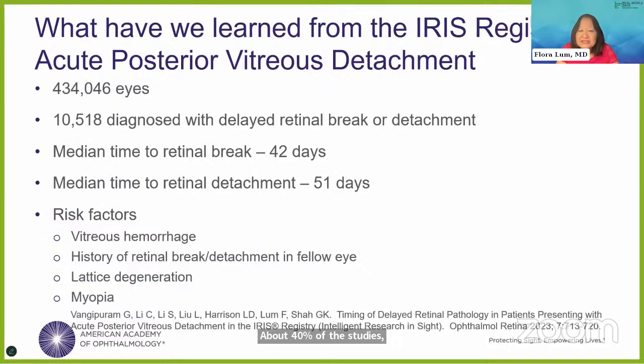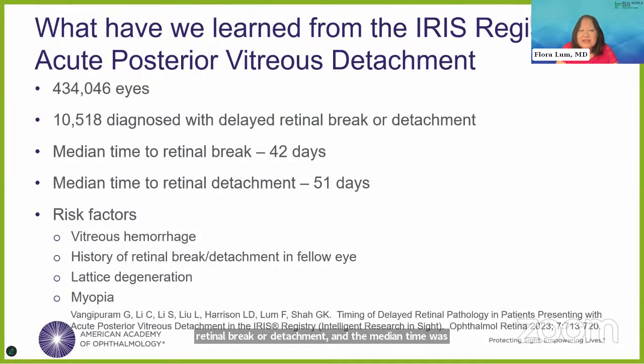So I wanted to present a few of the studies and what we've learned so far. In this study, we looked at over 400,000 eyes with acute posterior vitreous detachment. About 10,000 were diagnosed with delayed retinal break or detachment, and the median time was about 42 days for retinal break and 51 days for retinal detachment.